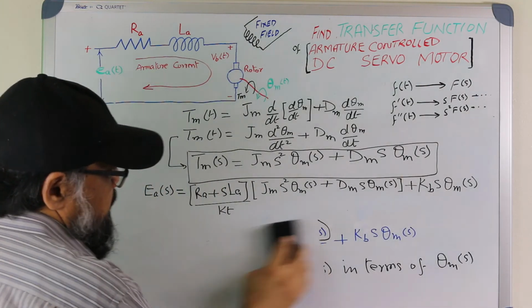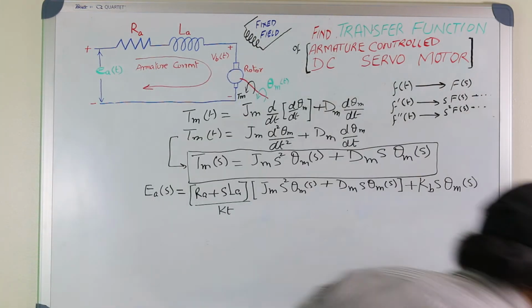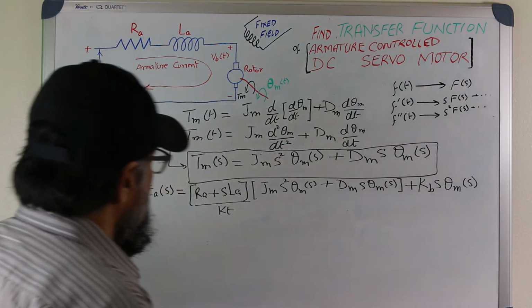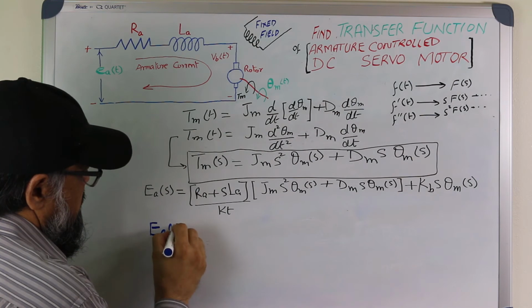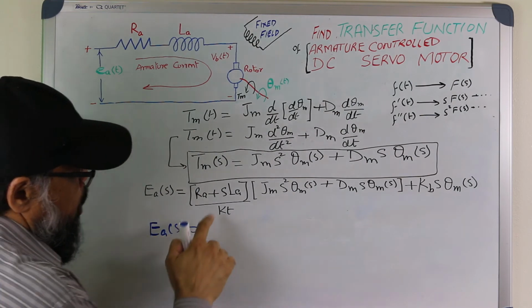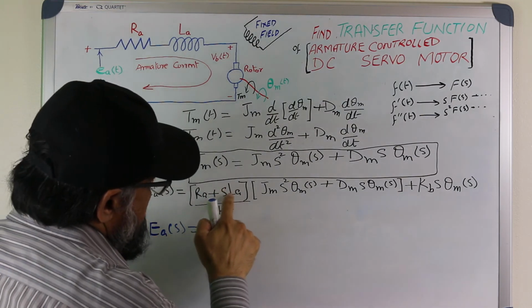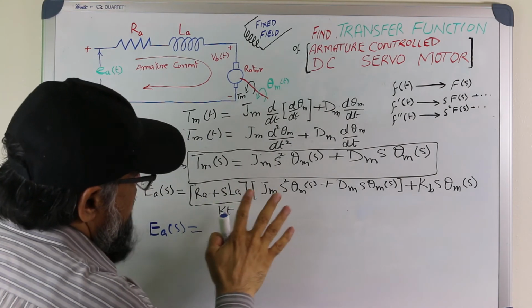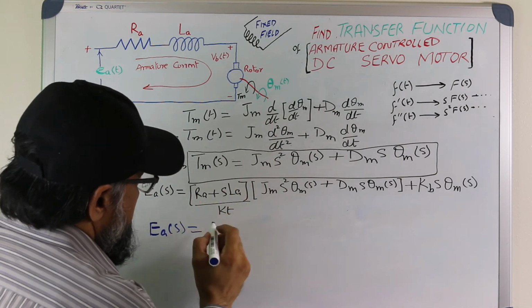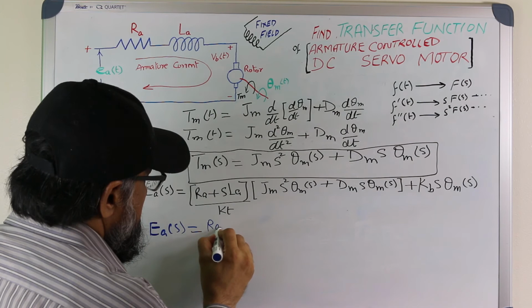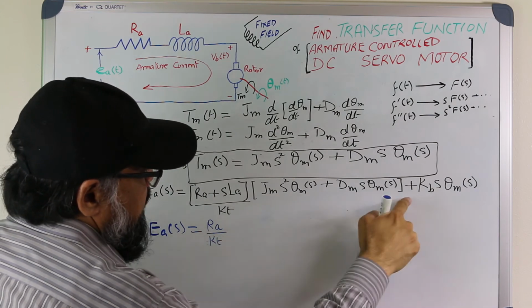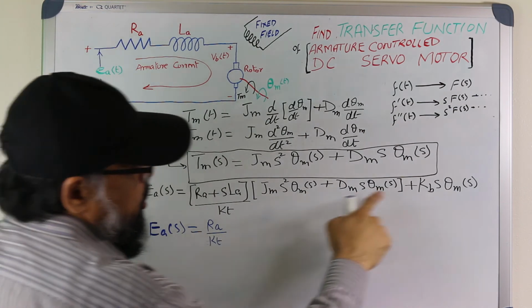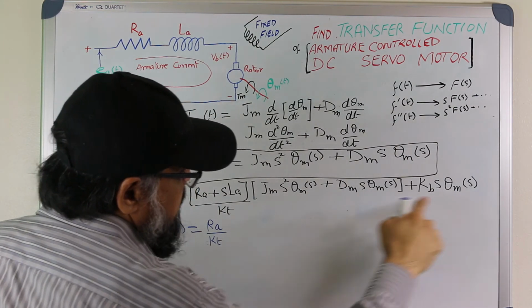If you do that, what will happen next? EAS. Now this term will become 0. So you have to only multiply RA divided by KT with this term. So now you have all three terms here.